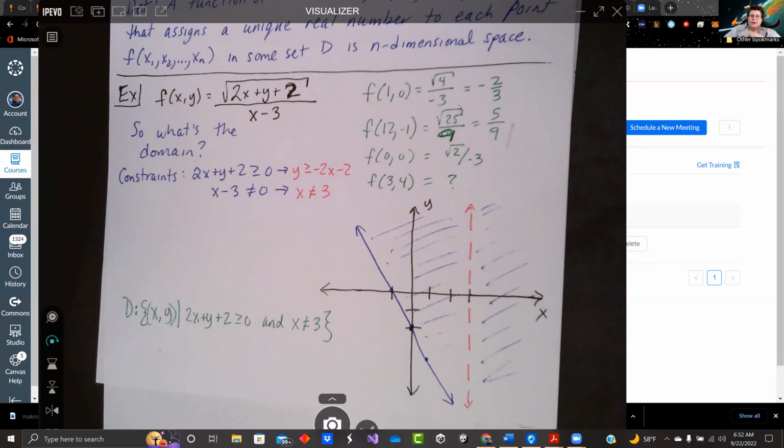To find out which side to use, you could plug in a value like 0, 0 into the top constraint, 2x plus y plus 2 greater than or equal to 0, and you'll find that 0, 0 makes that sentence true. So it's everything above the blue line, except for the red constraint. And you'll notice when we plug in different values like 1, 0 or 12, -1, we get different values for the function.